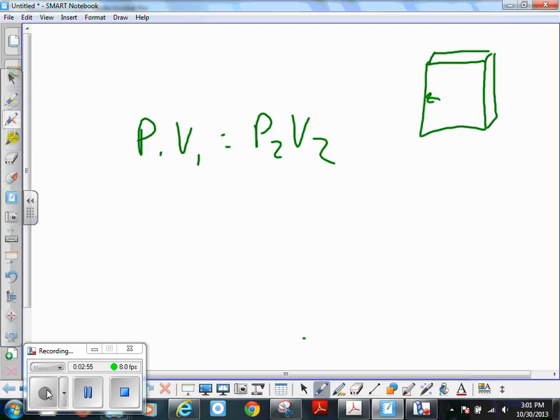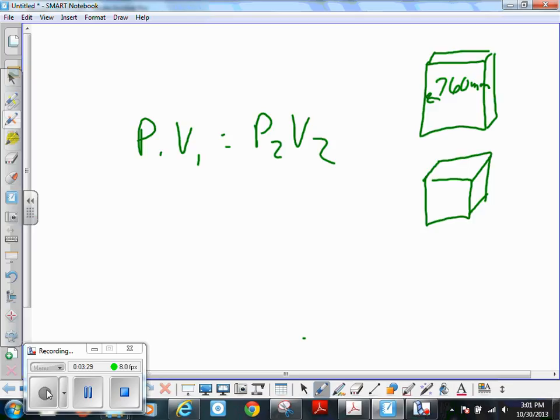If I shrink this cube down, what's going to happen to the pressure? Just without even doing the math, smaller cube, no gas has been put in or out, what's going to happen to the pressure? It's going to increase because they're going to hit more often, right? So this then would be like, let's just say that I have 760 millimeters of mercury of pressure here, and that's a whole other chemistry explanation how that measurement works.